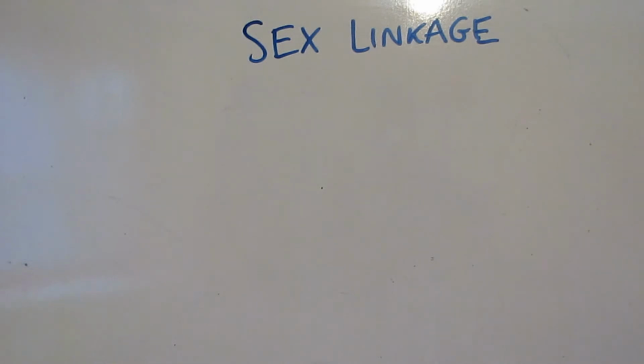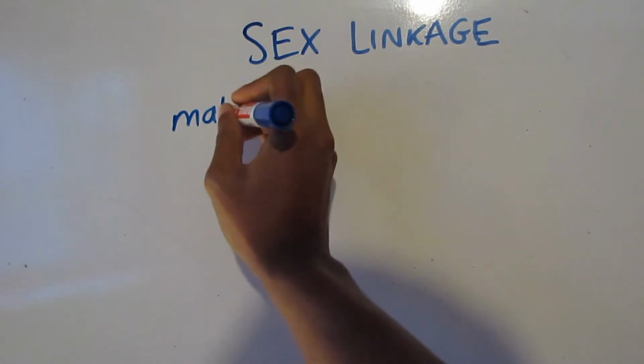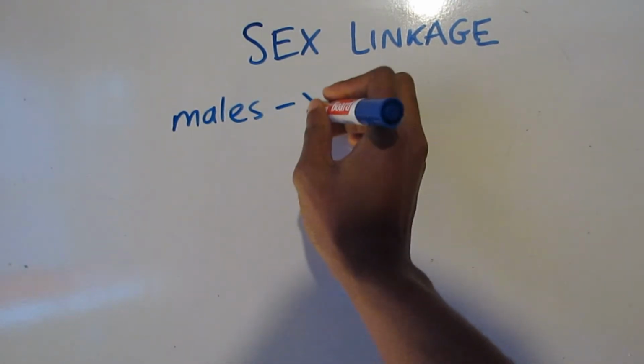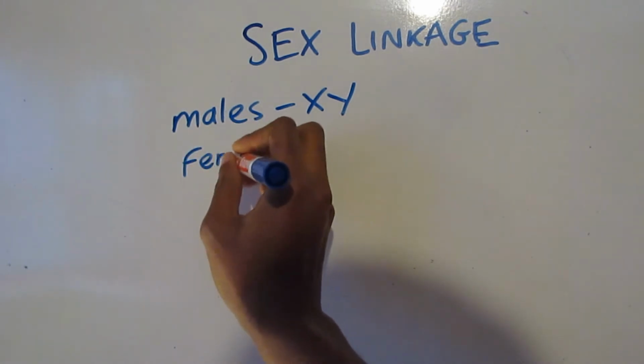For us to understand this, we again need to go back to GCSE content and remind ourselves of sex chromosomes. For a male, the chromosomes are X and Y, and for a female, the sex chromosomes are XX.